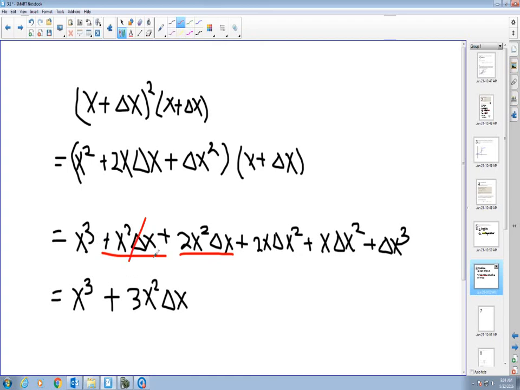So I'm done with this, I'm going to scratch them off. 2x delta x squared plus x delta of x squared, that makes it 3 again. So that would be 3x delta of x squared plus delta x to the third.